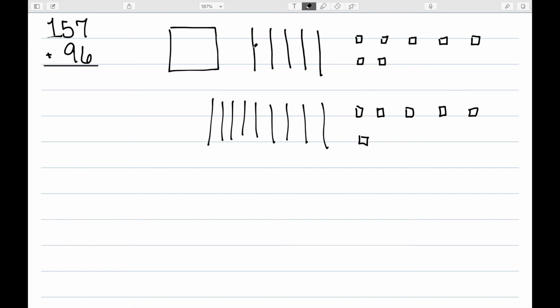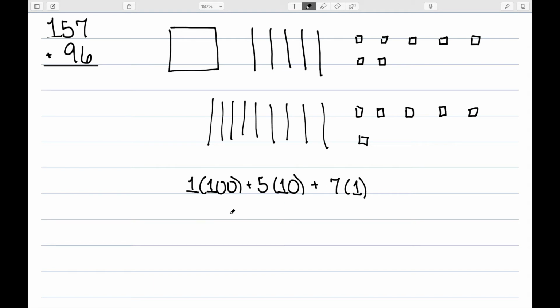And then we can combine things. So we can write this symbolically. If I look at it represented by this diagram here, this means we have one 100 block, 5 10 blocks, and 7 1 blocks.